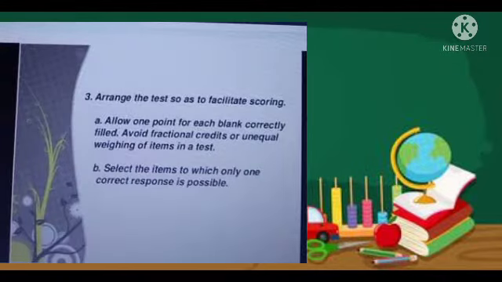Number 3. Arrange the test so as to facilitate scoring. Letter A. Allow 1 point for each blank correctly filled. Avoid fractional credits or unequal weighing of items in a test. Letter B. Select the items to which only one correct response is possible.